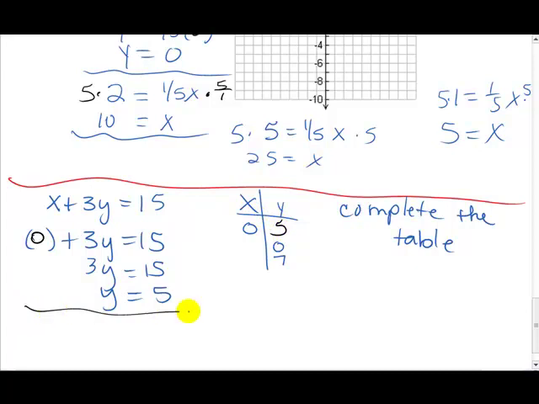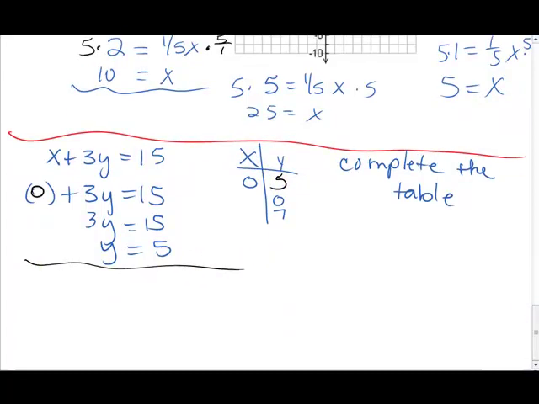Then we want to do this again. But our other two options are y numbers. So x plus 3 times y equals 15. And this time we'll put in 0 for the y. So in that case, 15.